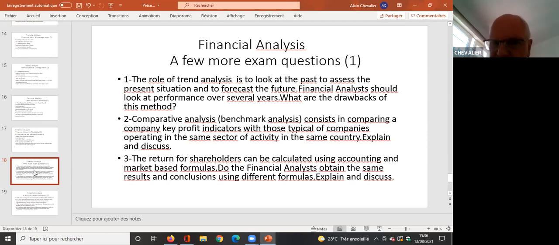So trend analysis is based on the past. Very often we use weights. Sometimes we use regression analysis to try to find data which are missing for next future data. That's acceptable as long as we have a stable economy, constant growth, let's say.